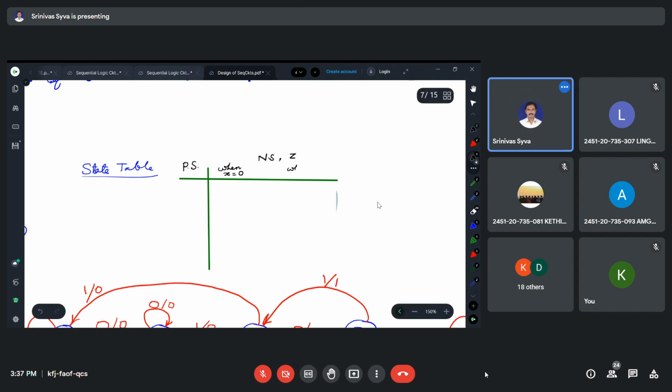When x equal to 1, what happens? We are entering now here.